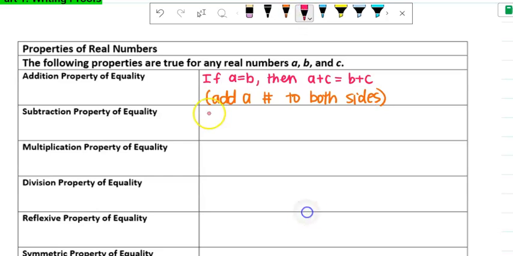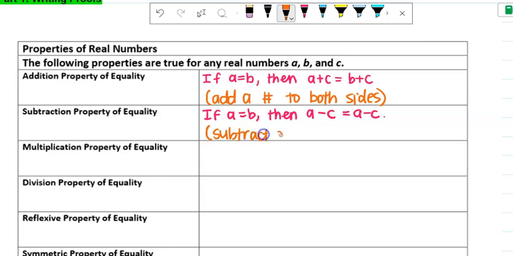So similarly, if A equals B, then A minus C equals B minus C. So this is when we subtract a number from both sides.